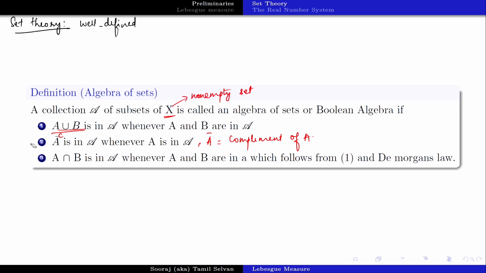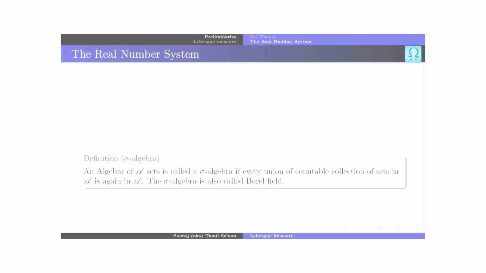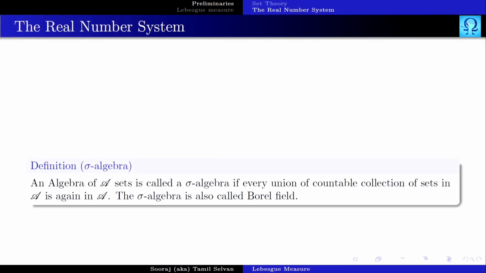So with the help of these algebra sets, here we are going to define something called sigma algebra. That is very important in the course of measure theory and integration. Okay, so basically we have an algebra. So whenever we talk about algebra, it means what?